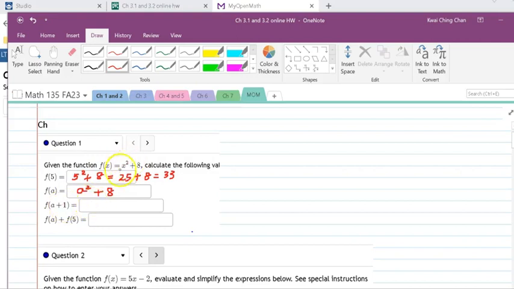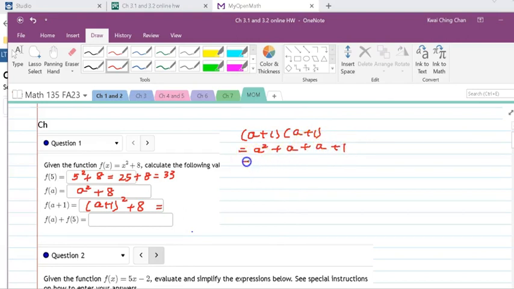For f of a plus 1, that means whenever I see x, I plug in a plus 1. So that is (a plus 1) squared plus 8. I want to FOIL the a plus 1 out first. A plus 1 times a plus 1: first and first, you get a squared; first and last, plus a; middle, inside, plus a; and last, plus 1.